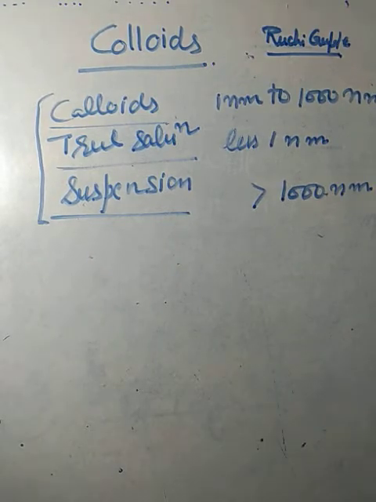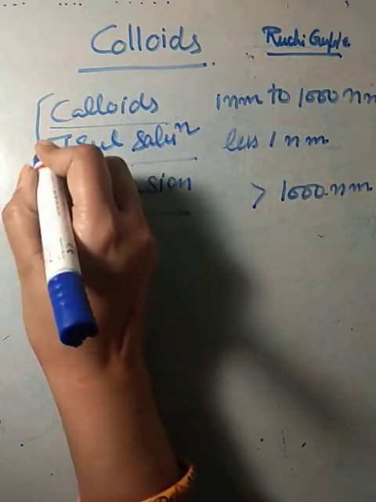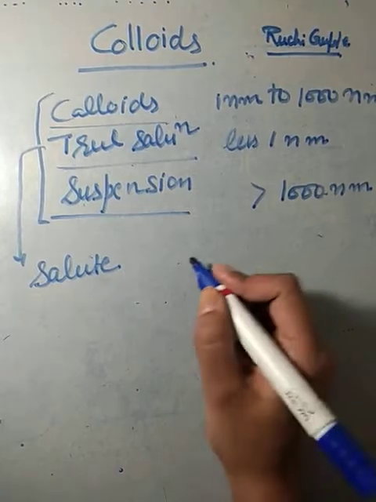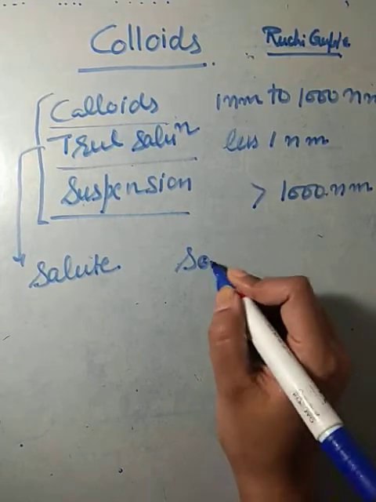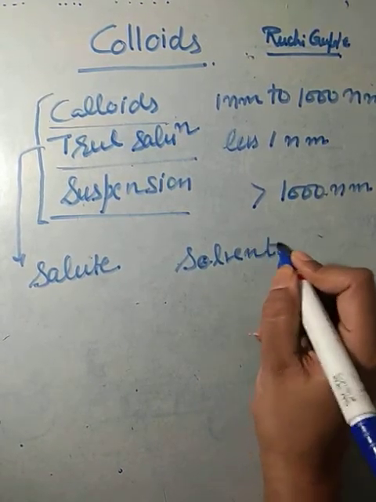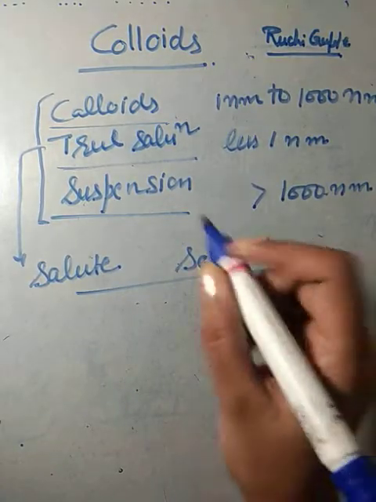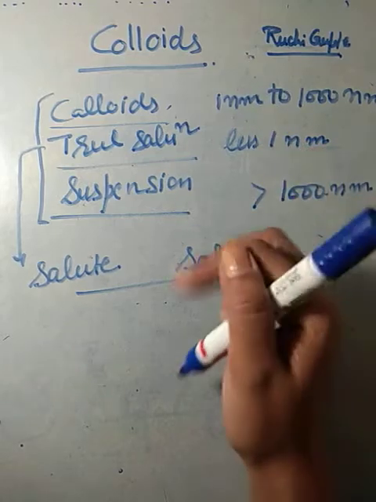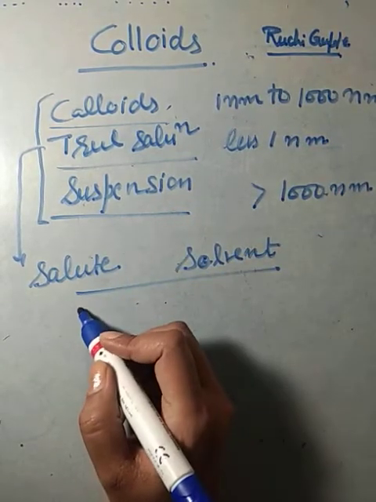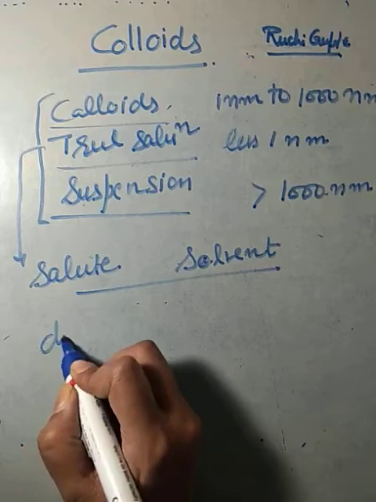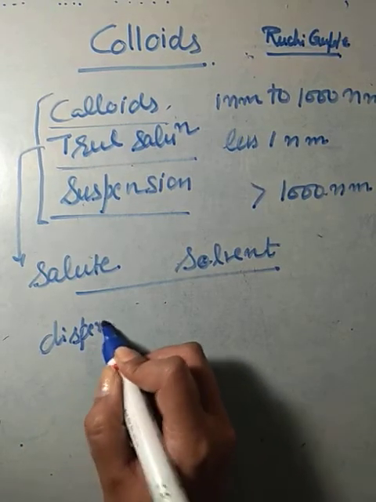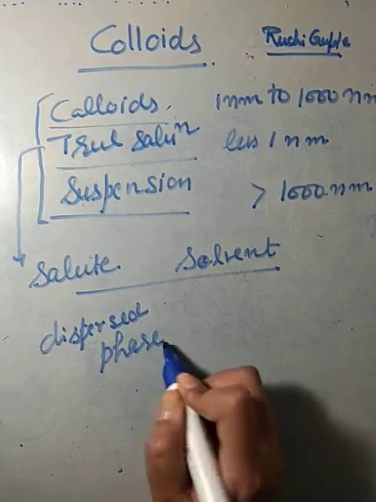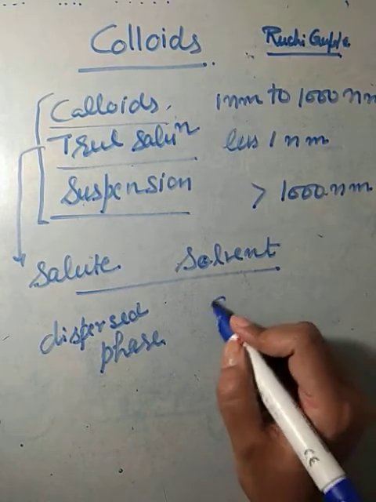Now, as we know, when we make a true solution, there are two components. One is called solute, another one is called solvent. So for making a colloidal solution, we have to study two more terms: solute is replaced by dispersed phase, while the solvent is the dispersion medium.